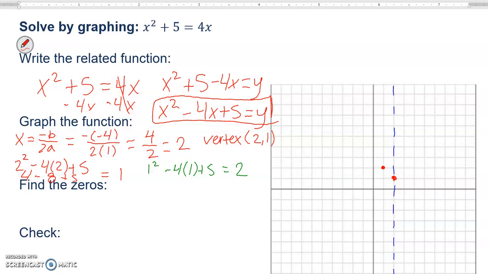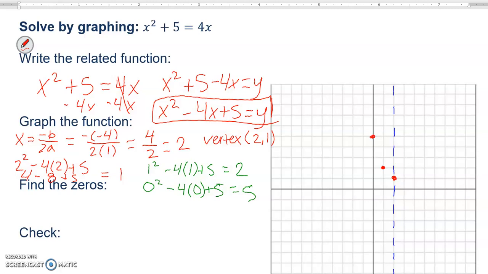And I'm going to try, let's do 0. So 0 squared minus 4 times 0 plus 5. So 0 squared is 0, minus 0 is 0 plus 5 equals 5. So 0, 5 is our next point. So over 0, up 5. 1, 2, 3, 4, 5.